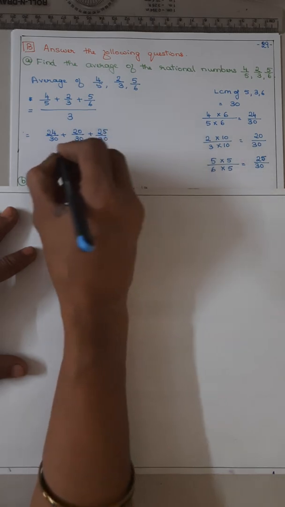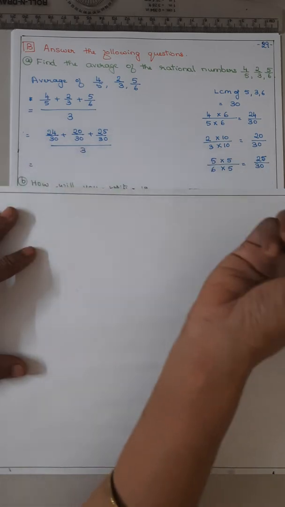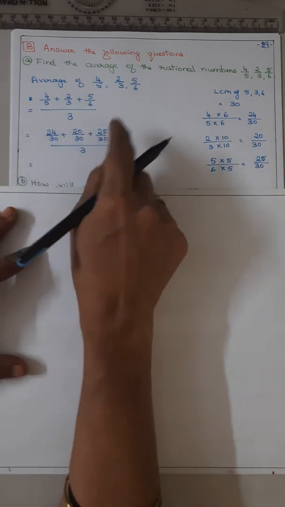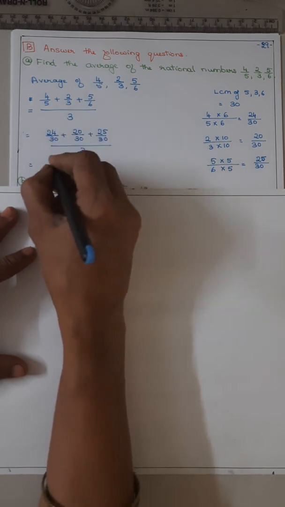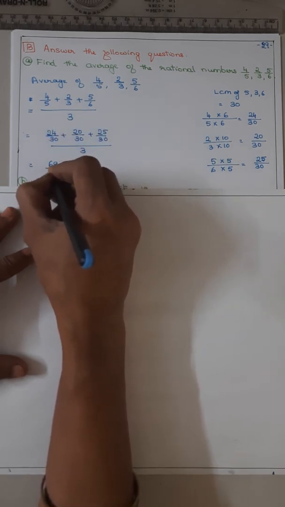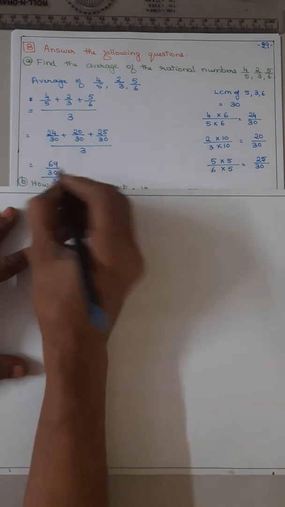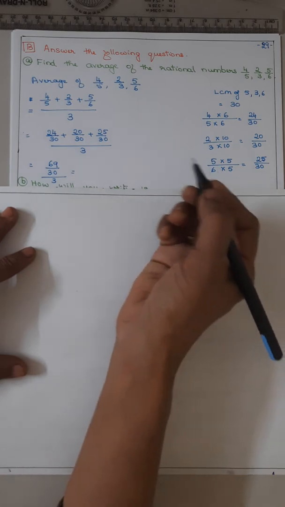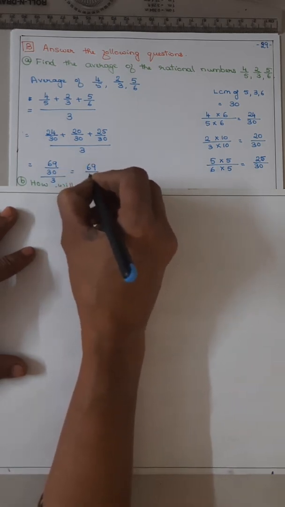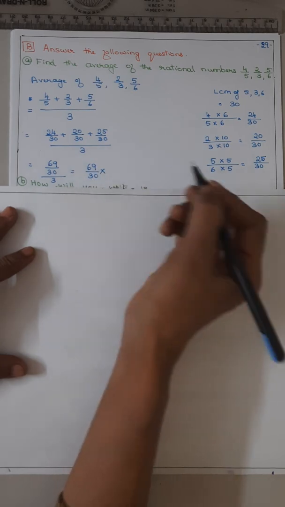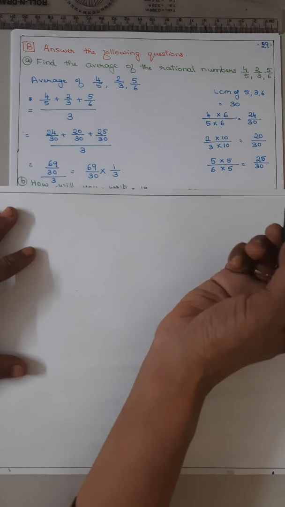Upon this 3. So when you add, 4 plus 5 is 9, 2 plus 2 is 4, 4 plus 2 is 6, so 69 by 30 upon 3. Dividing by 3 means what? 69 by 30 into the reciprocal of 3, which is 1 by 3.